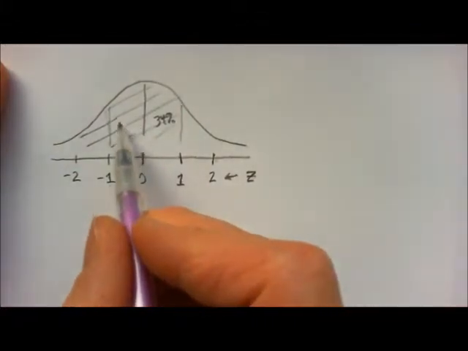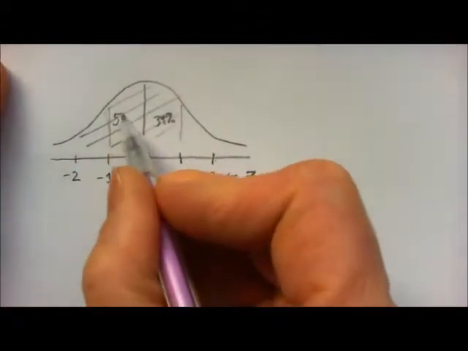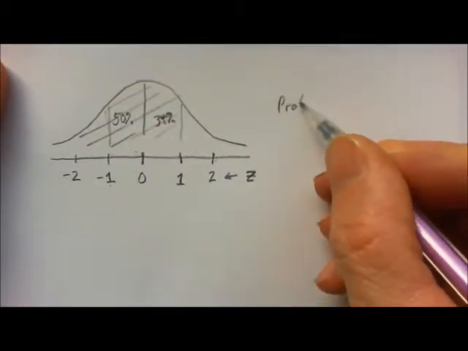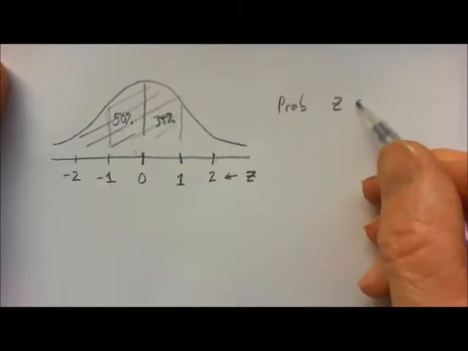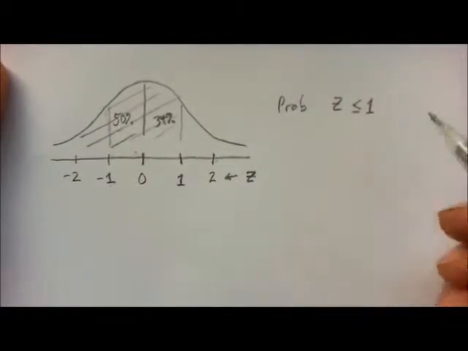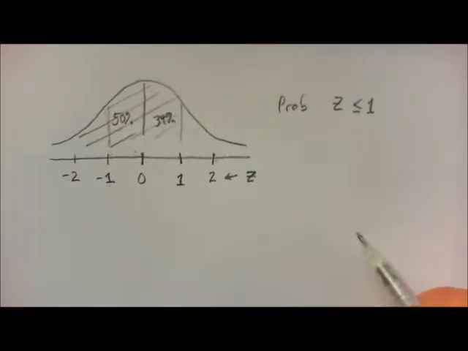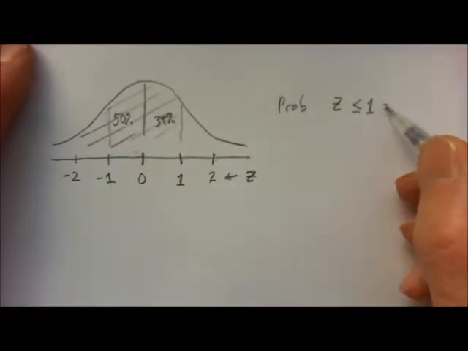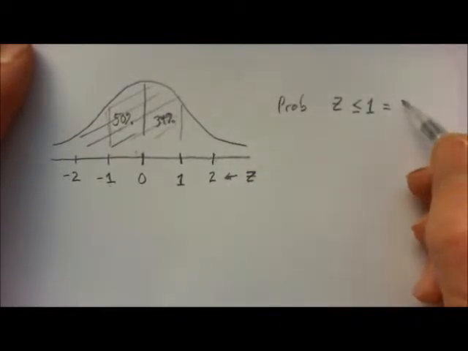We know, of course, that from here over this is 50%. Okay, so the probability that z is less than or equal to 1, we can look at it either way because the probability of z being exactly 1 is 0. So the probability that z is less than or equal to 1 is 50% plus 34%, or 84%.